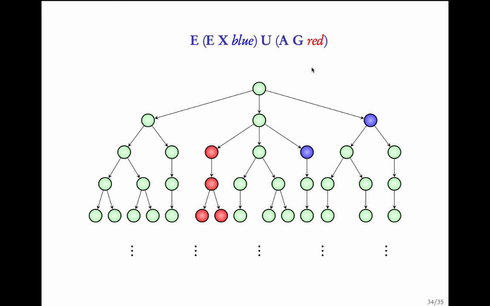Forget everything and look at AG red. You know that this state satisfies AG red because all paths starting from this state satisfy G red. So this state is said to satisfy AG red. Now we said this satisfies EX blue, this satisfies EX blue, and this satisfies AG red. So there exists a path that satisfies EX blue until AG red.